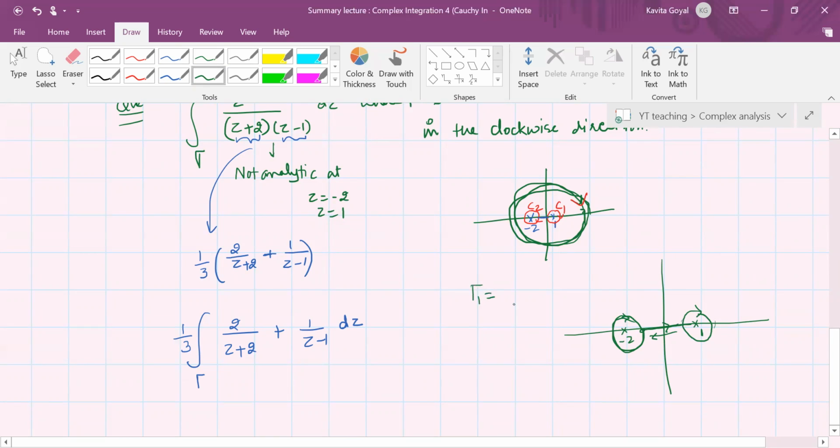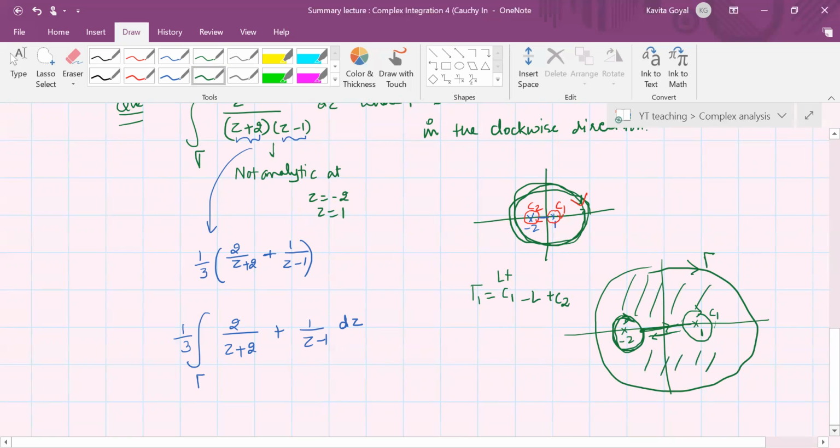You call this curve here, which I have defined, gamma 1. So gamma 1 is what? This is C1, or you start from here. So you can say this is L plus C1 minus L plus C2. And because between the curve gamma and gamma 1 the function is analytic, this integral here can be computed along gamma 1 only.